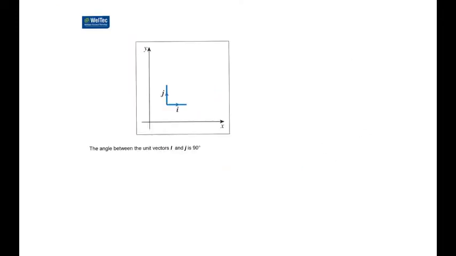Obviously, the angle between the unit vectors i and j is 90 degrees, but let's have a look a bit more at this idea of perpendicularity.